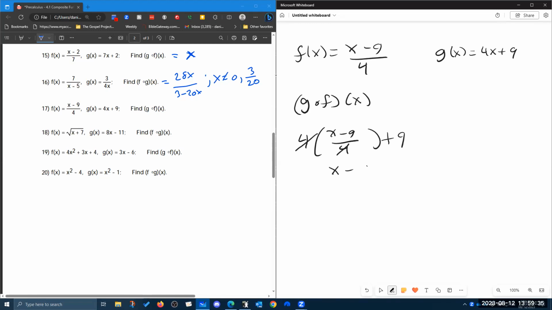And this is going to be x minus 9 plus 9. And there it is. It happened again. How interesting. So let's pay attention to this one and that one, right? Those might be something special to come back and talk about later.